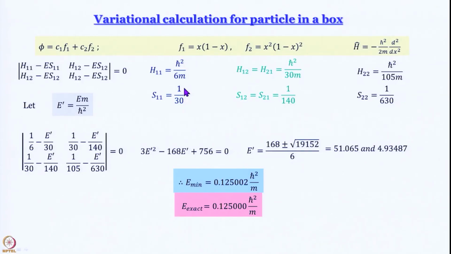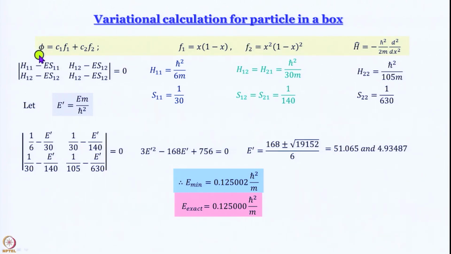Great. So, what we will do is we will actually come back to particle in a box with a little bit of twist when we talk about orthonormal functions. Let us quickly recap what we learned in the previous module about the variational calculation that we performed for particle in a box.